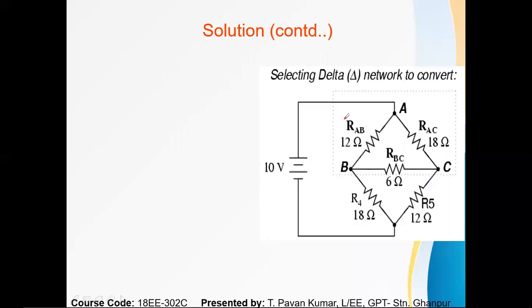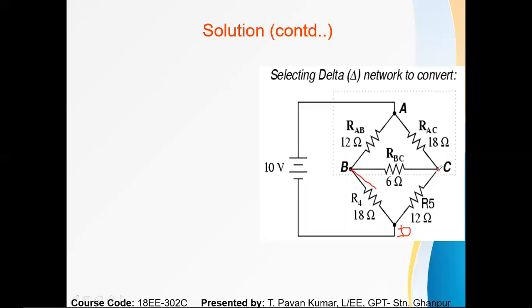Then my circuit looks like this. Selecting the delta to convert to star, this delta I highlighted with dotted lines. Please observe here. You can select any one of the deltas, either A, B, C or, let me say this is D, B, C, D. You can take any one, but don't do both deltas at a time.